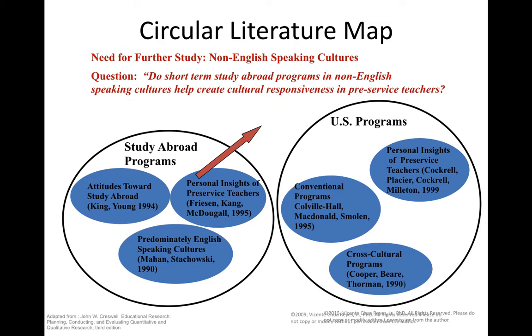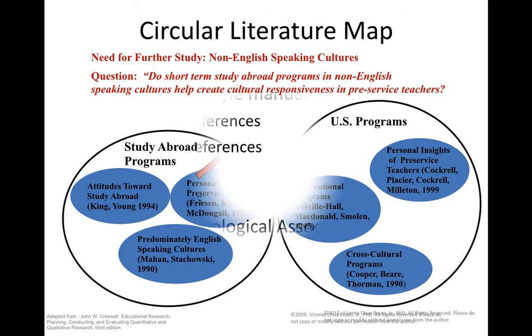A lot of things have been written about it, but when I did my literature review, I realized that based on the sources that I have collected, the gap seems to be this particular area, non-English speaking cultures, particularly for pre-service teachers. So the circular literature map is another way of representing the way that I have organized my sources as represented in this figure in the slide.